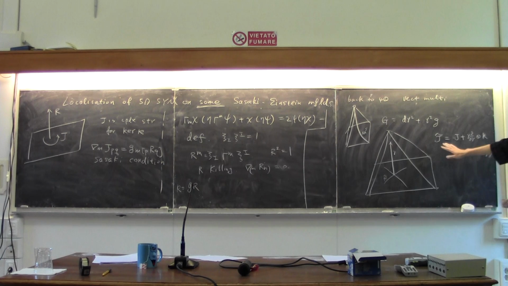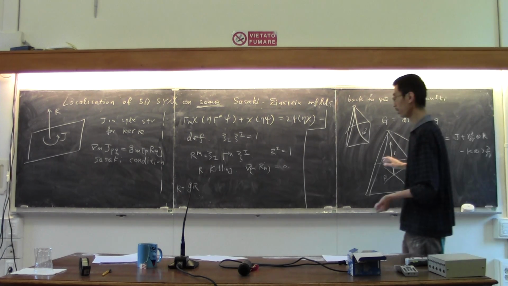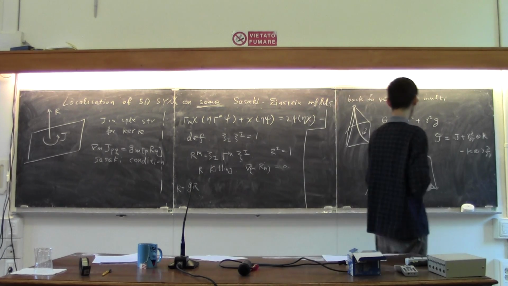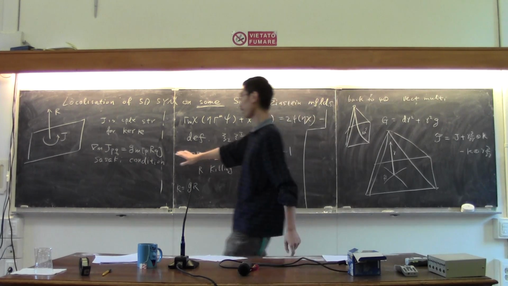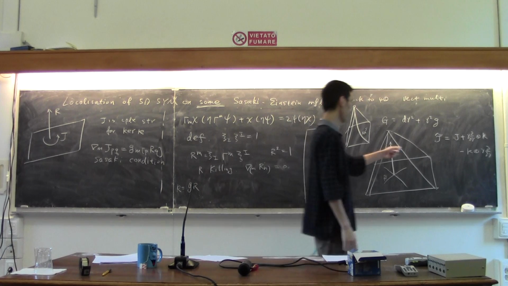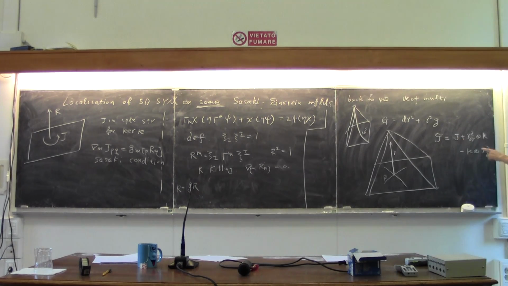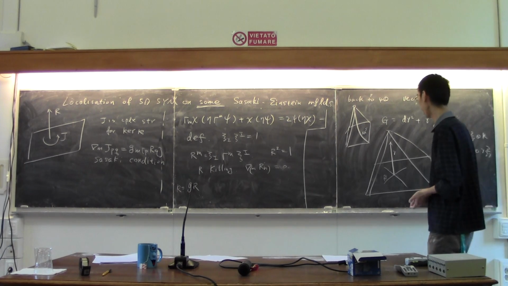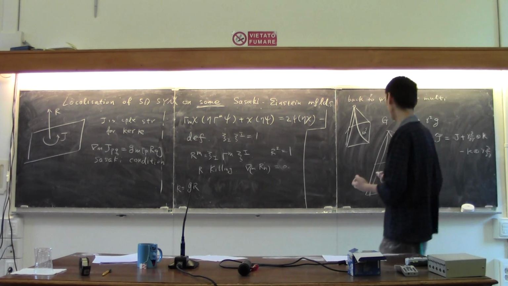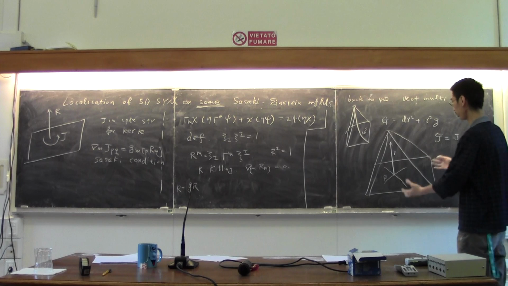Now if you wonder what property this has, if this condition is satisfied, you can show that this exactly means J tilde is covariantly constant. And that means that on this cone you have a Kähler structure. So this cone is Kähler.